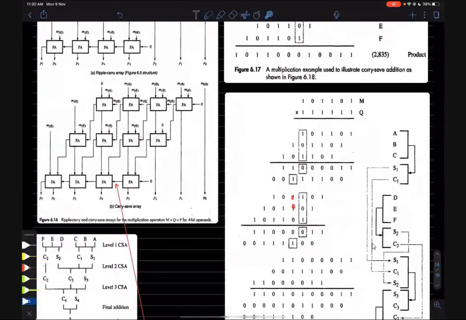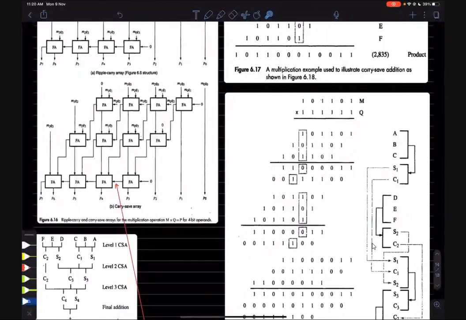Then 1 plus 1 is 10 again, so 0 here and carry here. Then this is also 10, so 0 and 1. This is also 10, so 0 and 1 here. And 1 plus 0 is 1 with no carry. This addition also has sum 1 with no carry. So this is S2 and C2.